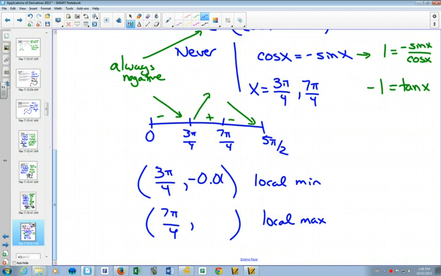Minus 0.067. And the other one? 0.0029. So some pretty tiny numbers.